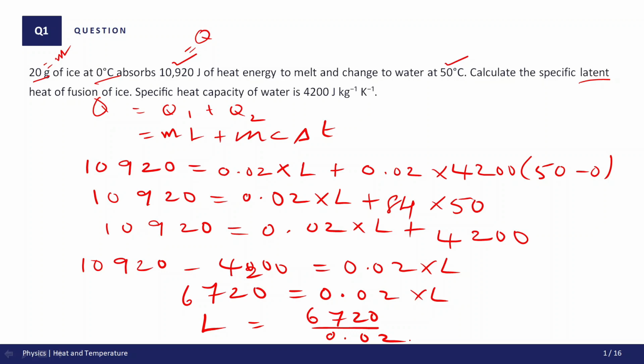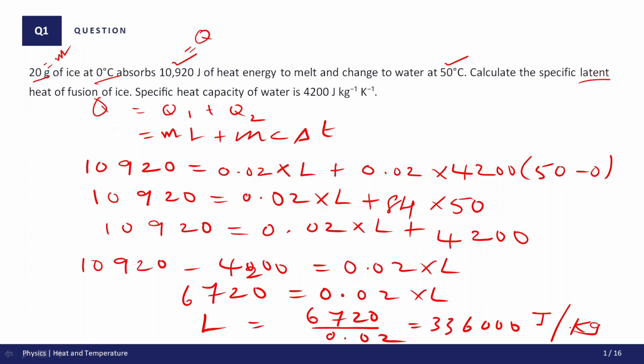If you divide 6720 by 0.02, you will get 3 lakh 36,000 joule per kg.